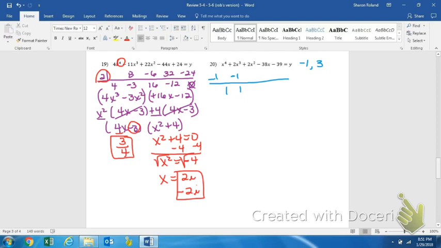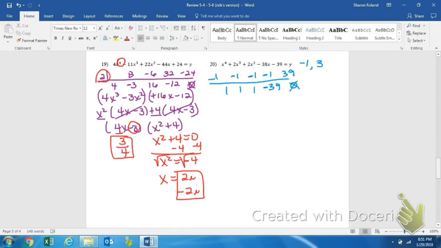Negative 1 times 1 is negative 1. Combine these and you get 1. Negative 1 times 1 is negative 1. Combine these and you get negative 39. Negative 1 times 39 is positive 39, and you combine these to get 0.